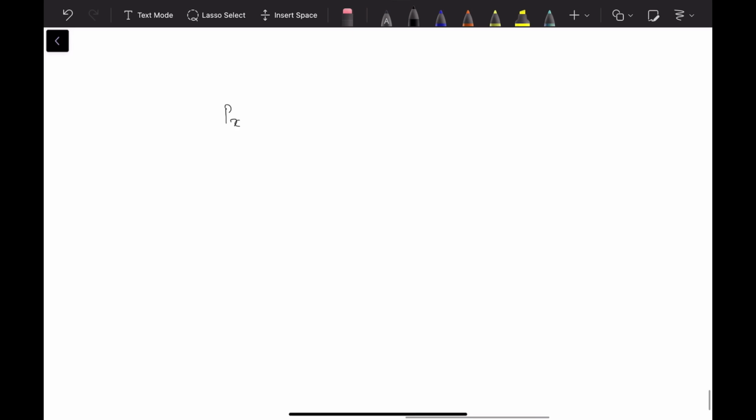So a positional encoding at x will look something like sine omega naught x, cos omega naught x, then we'll have sine omega 1 x, cos omega 1 x, and so on.